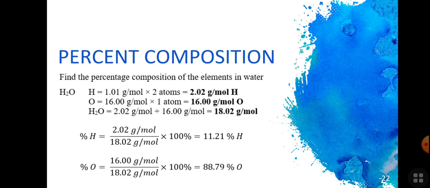For oxygen, we have 16 gram per mole over 18.02 gram per mole times 100% is equal to 88.79% of oxygen. So, yan po yung ating sagot sa percent composition ng hydrogen and oxygen. And if you're going to add our answers, ang ating pong sagot ay 100%.